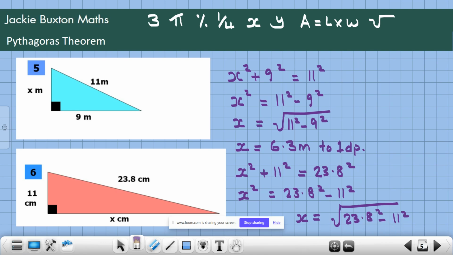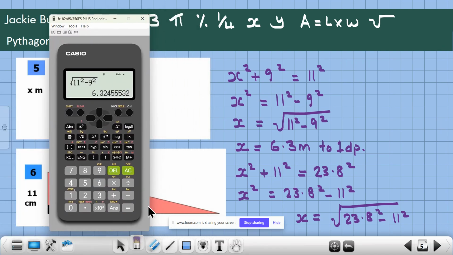Right, go to our calculator. Square root of 23.8 squared minus 11 squared equals, and there we get a square root sign.